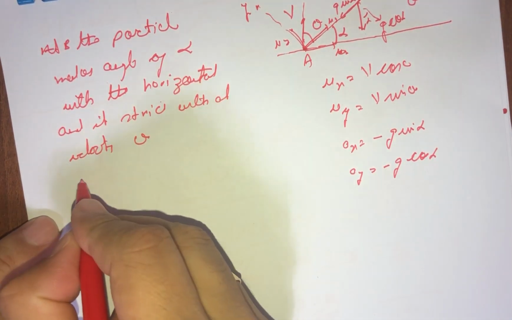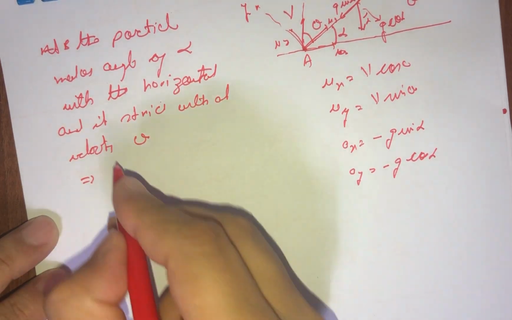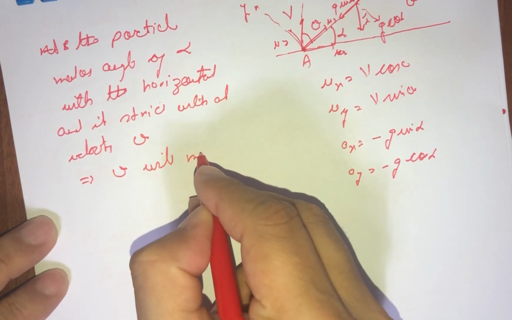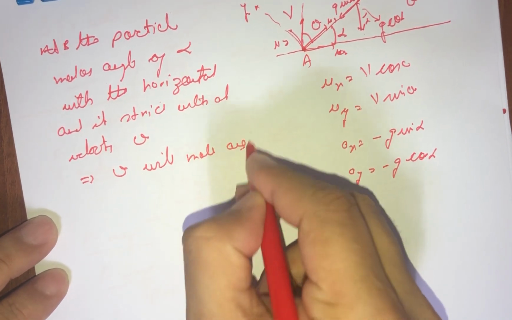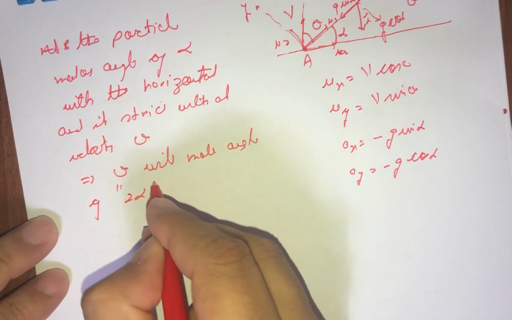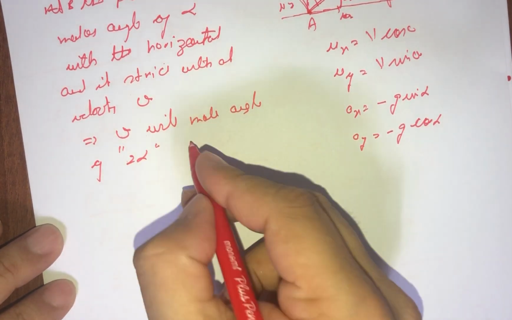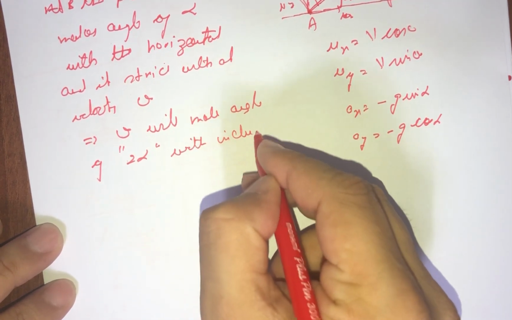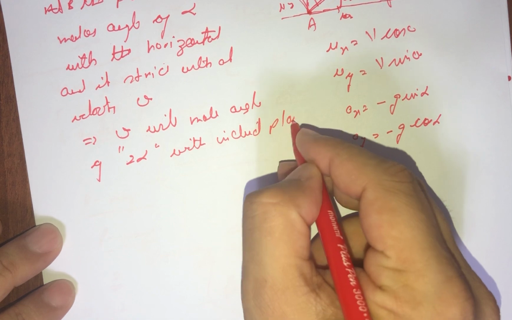So we can see that this implies that velocity v will make an angle of 2 alpha with the inclined plane.